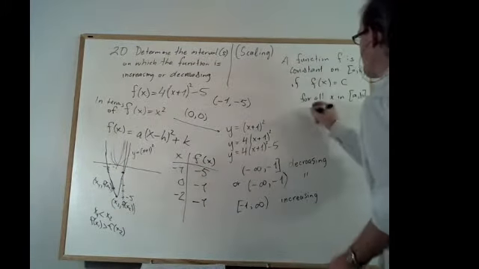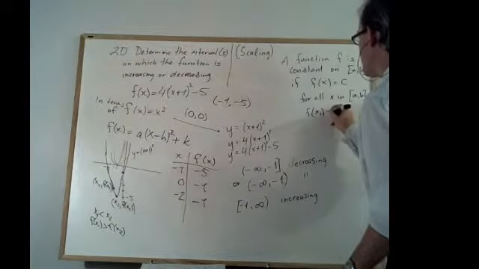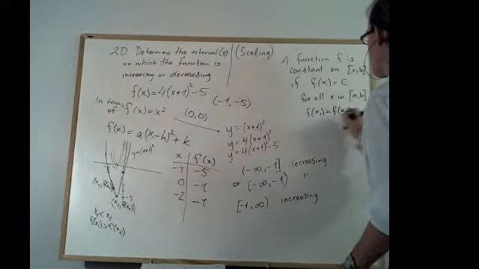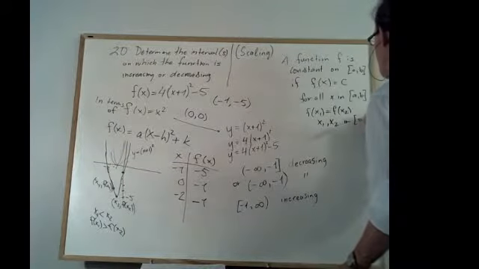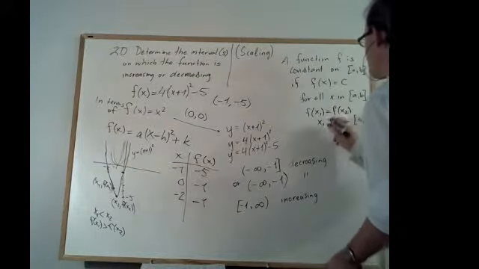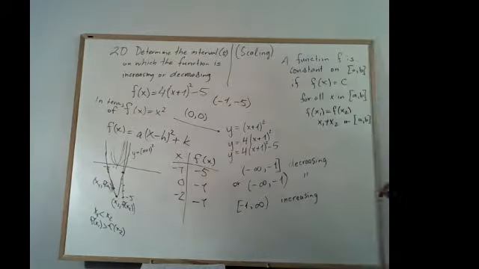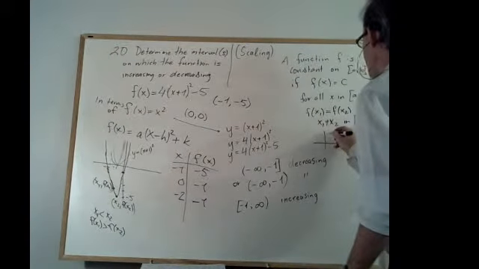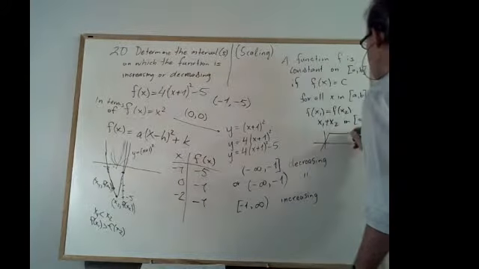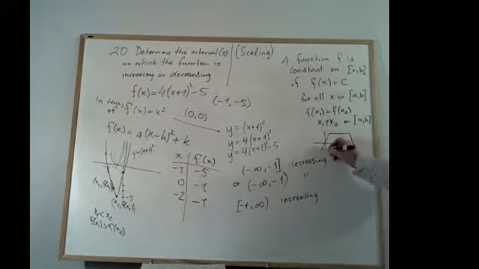So f of x1 is equal to f of x2 for all x1, x2 in AB. In general, they can be different, right? Okay, so it'll look like this. You might have a piecewise defined function where it's increasing here, it's constant here, and it's decreasing here.